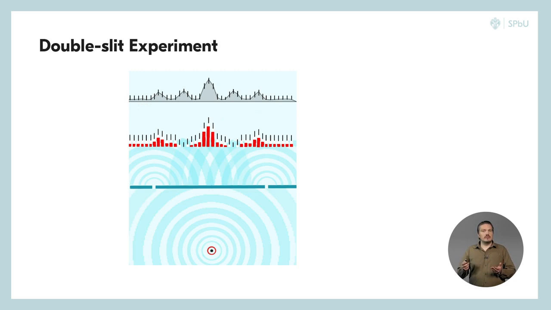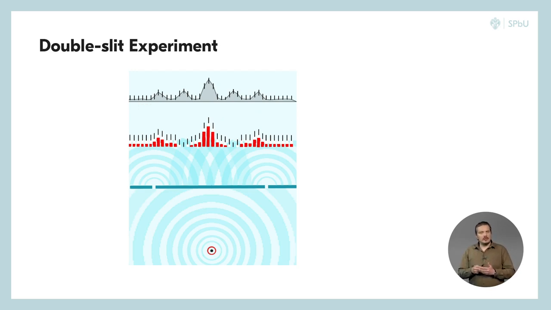The resulting wave will look like this. At some points where the waves are in phase, we have bigger amplitudes, while at points where waves arrive in antiphase, we can have much smaller amplitudes, in some points even zero amplitudes.